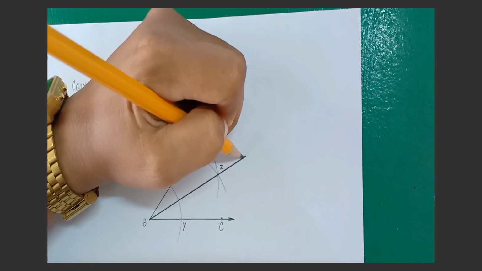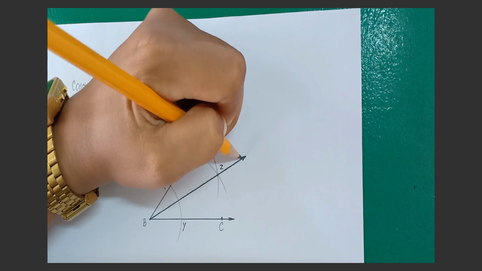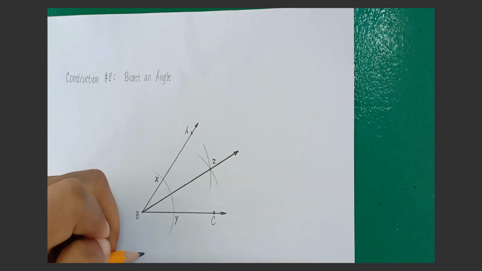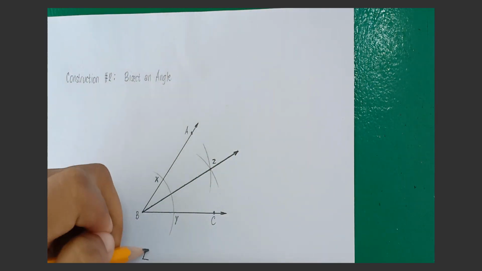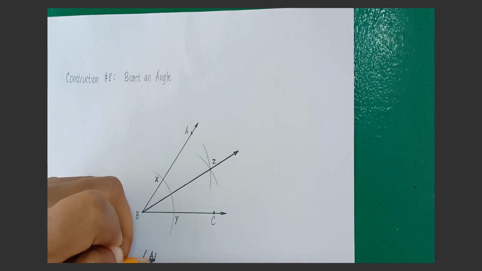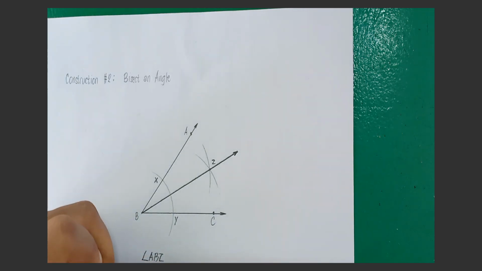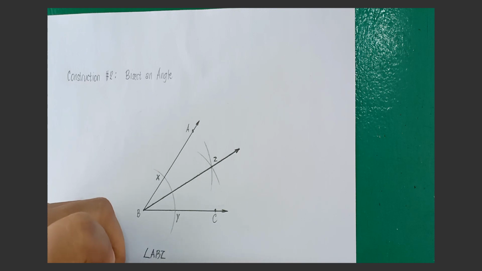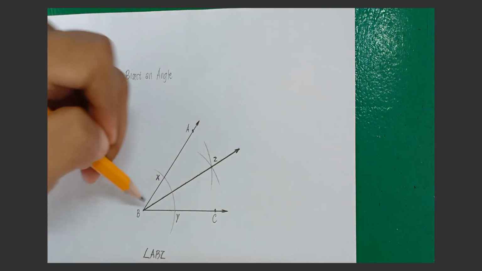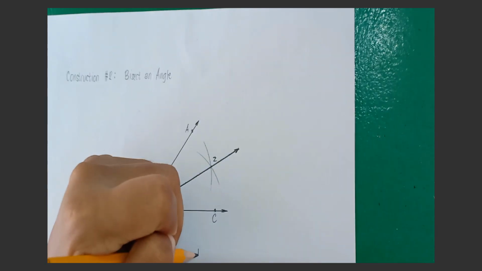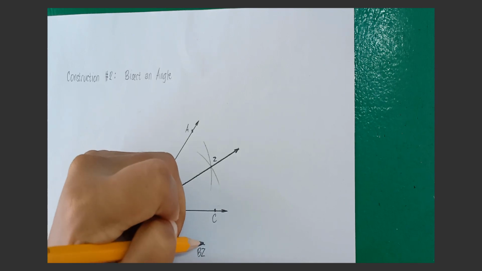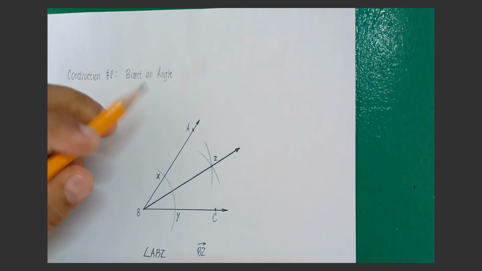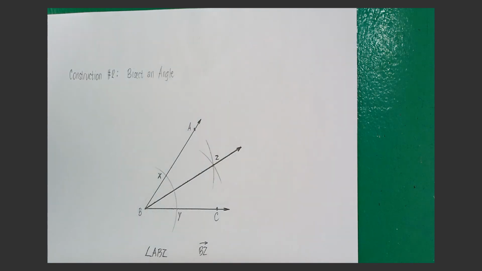Let's add an arrowhead here. So we have angle ABZ and angle ZBC, and we're done. So ray BZ is the bisector of angle ABC.